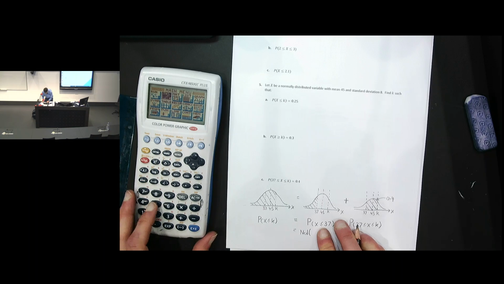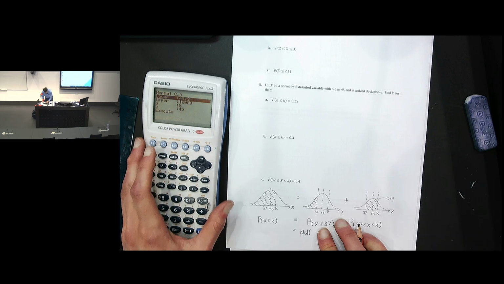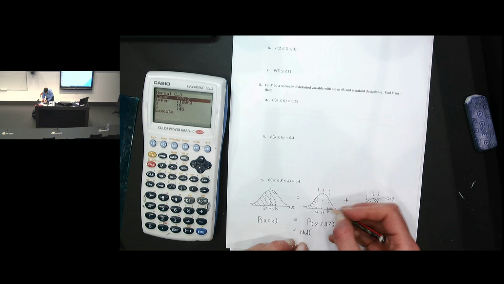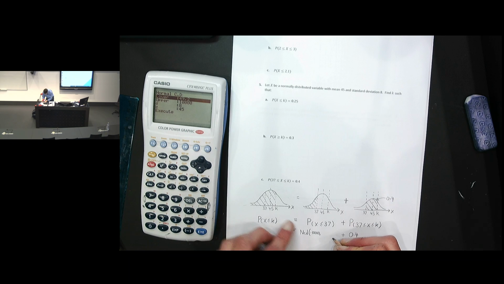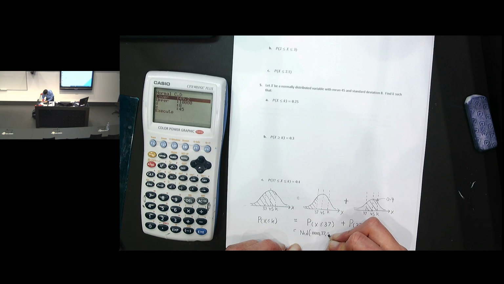So I turn this guy back on, go into dist, norm, and NCD. I have that the lower is going to be, let's say, minus 10,000. The upper is going to be at 37. And I have a standard deviation of 8 and a mean of 45.